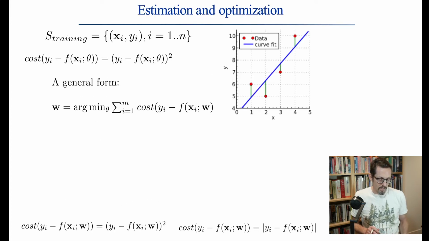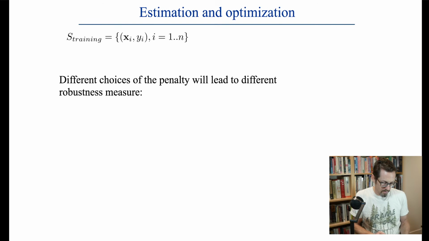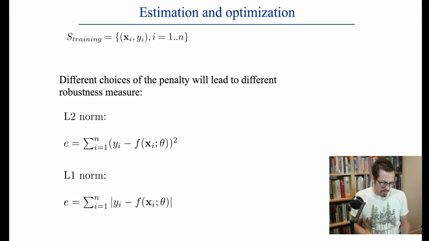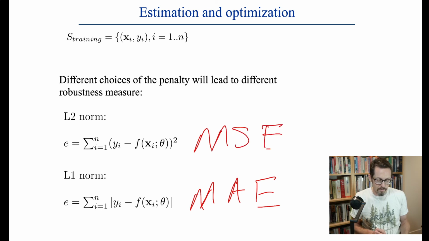So what if we minimize not the mean squared error, the L2 norm, but the L1 norm, or what's called the mean absolute error? So I should have gone backwards over here, right? Another thing you can call this is mean absolute error and mean squared error.